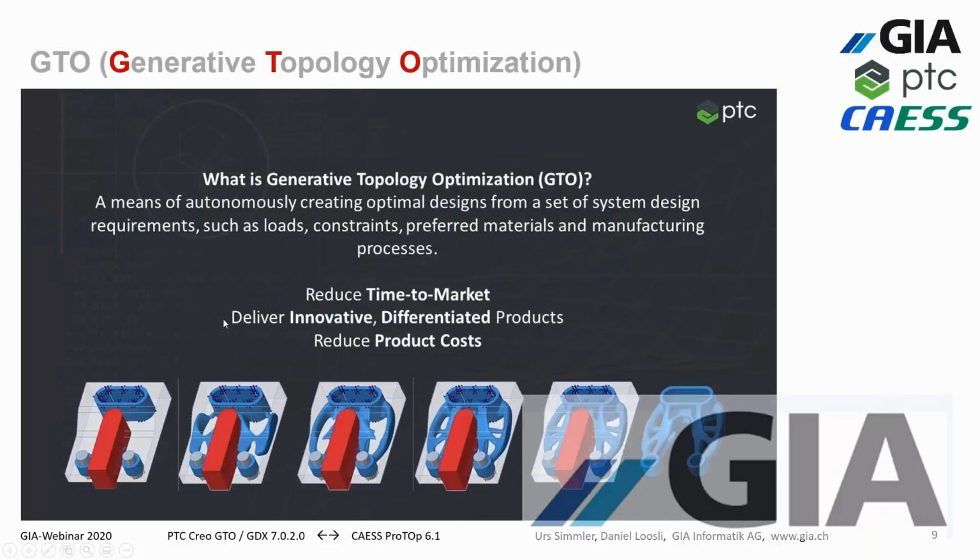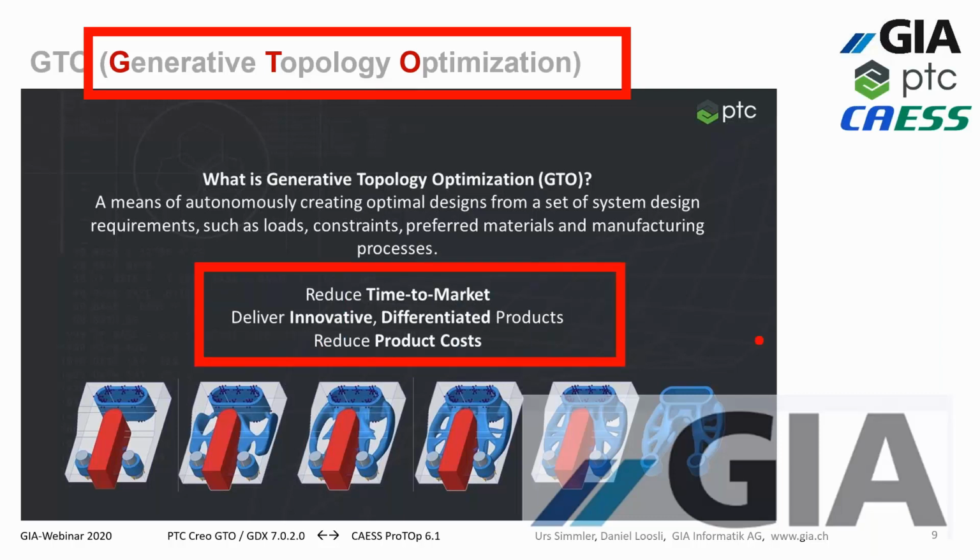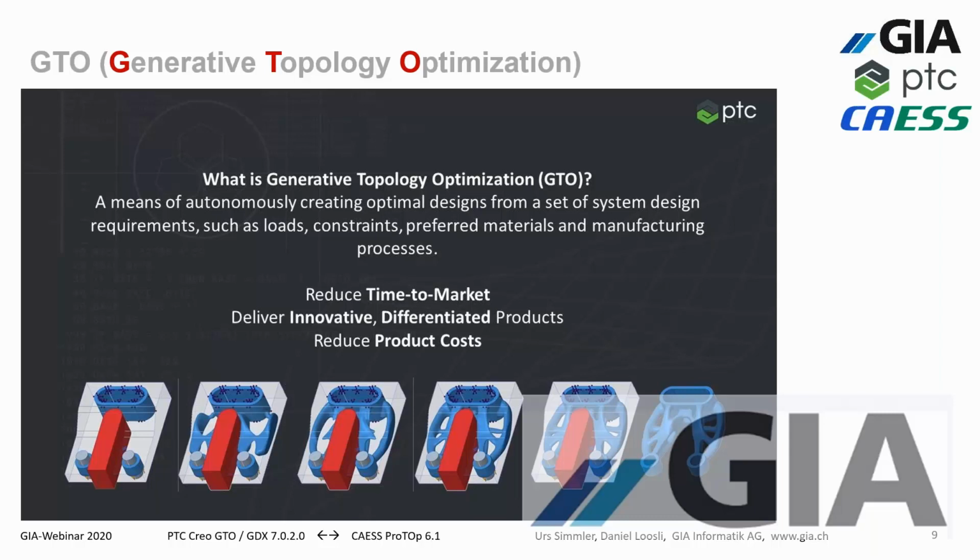Okay, what's the GTO? I will show the GTO product, the desktop solution, later. With this solution we want to create very powerful products with the help of loads and constraints and the manufacturing process we are going to choose. We are creating different kinds of products, different shapes, and in the end we want to have the most powerful shape.